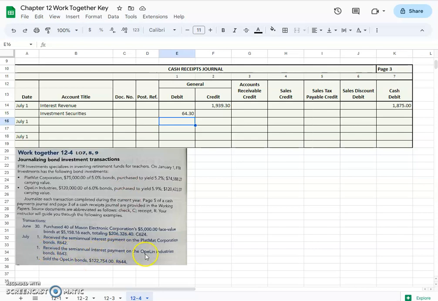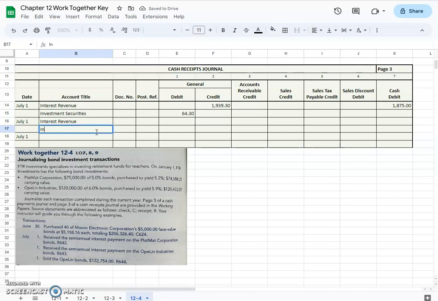All right, so the next one. Received semi-annual interest payments on the Opel Industry bonds. Receipt number 643. So we've got interest revenue again, and we'll have another entry just like the last one.